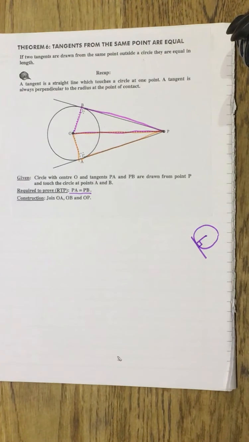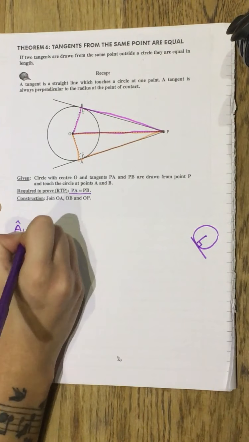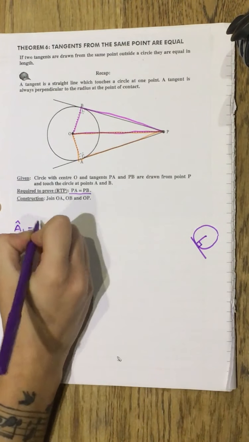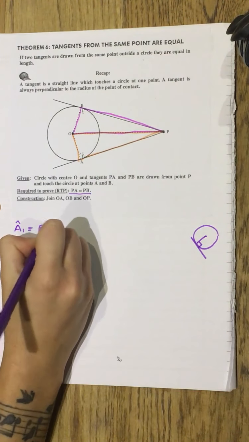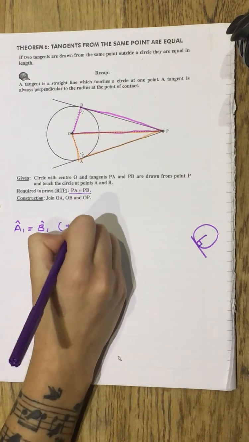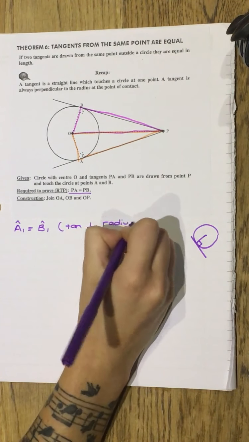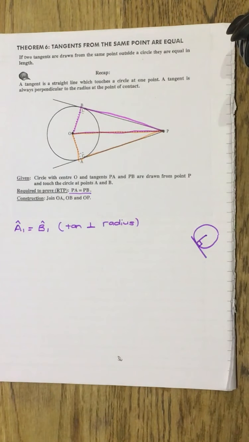I'm going to start with those two 90-degree angles. So I'm going to say angle A1 is equal to angle B1. Why? Because tangent perpendicular to radius. That will happen every single time you have a tangent touching a radius.